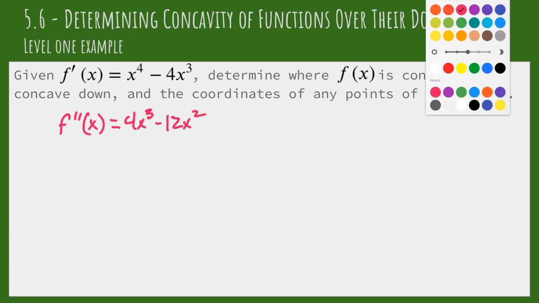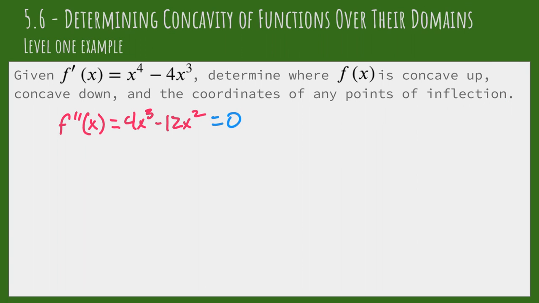And to determine potential points of inflection, we're going to set that equal to 0. I'm going to factor out a 4x squared, and what's left is going to be an x minus 3. So we have potential inflection points at x equals 0 and x equals 3.